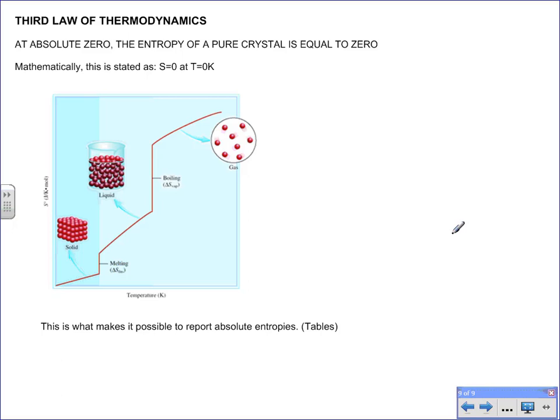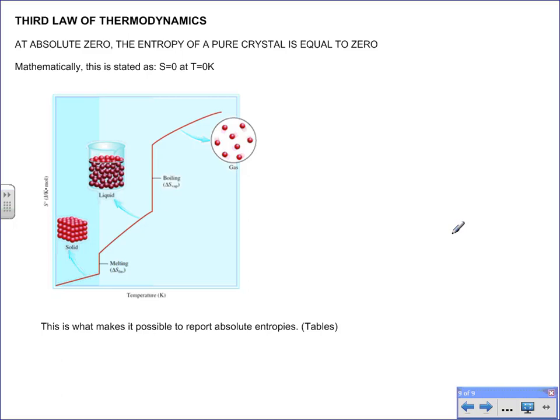So at absolute zero, what we're referring to is a temperature of 0 kelvins, and so that's minus 273 degrees Celsius. When we're talking about the entropy of a pure crystal equaling zero, what this means is that the motions are at a minimum.